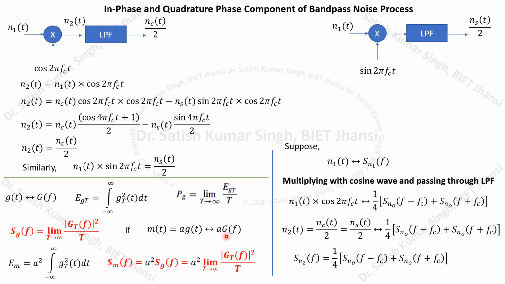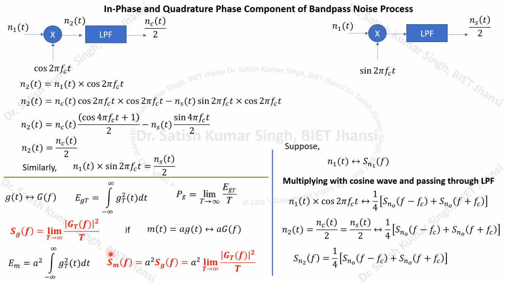And if you wish to calculate the energy of this signal m(t), then E_m equals A squared times the integral from minus infinity to infinity of g_T squared(t) dt, because this factor A also comes into the calculation, and therefore we get A squared.